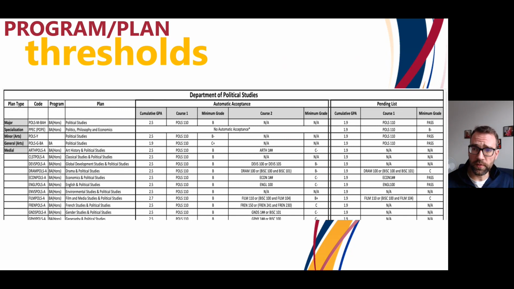Generally speaking, though, you're going to need a certain cumulative GPA and a minimum grade for any of these plans. Sometimes you'll notice here for these joint honors plans, you may need a grade in two specific classes. So political studies and English, for example, you need the same 2.5 and a B in POLS 110, and you also need at least a C- in English 100.